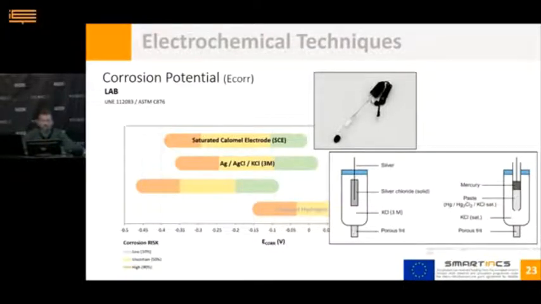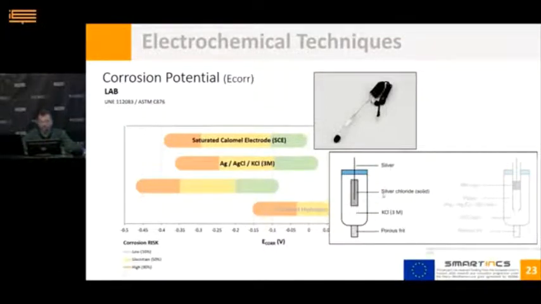But gradually the calomel electrode is no longer used because it contains mercury, and silver chloride is the one that you can find in most laboratories.